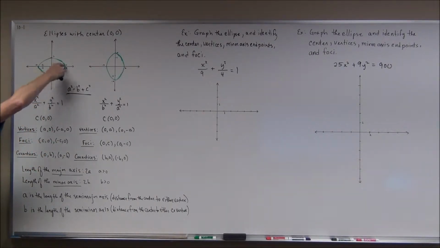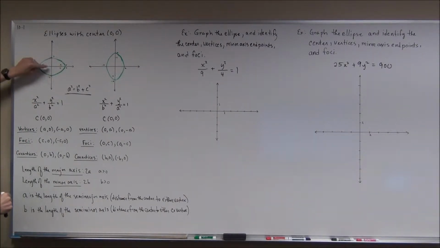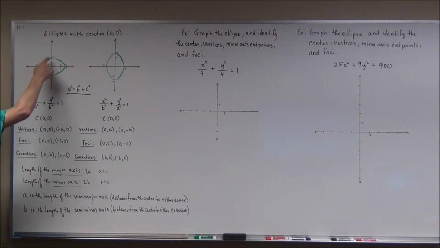The points where our ellipse, our curve, our oval shape, crosses the y-axis on this first diagram are at 0, b and 0, opposite of b. This distance b here is smaller than a. And we call these 2 points the co-vertices.